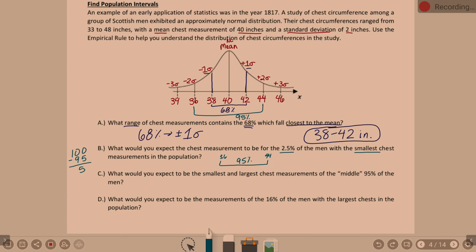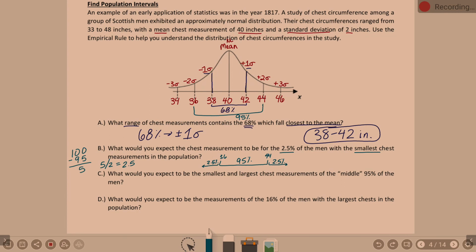So what are we going to do? We're going to take that 5% and divide it by 2, split it. Are you with me? If I take 5 and I divide it by 2, I'm at 2.5. So what that's saying is that this piece out here is 2.5%, and this piece out here is 2.5%.